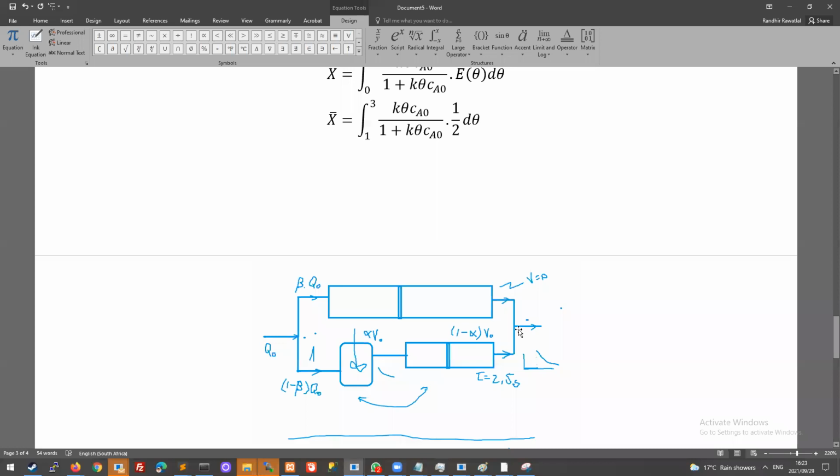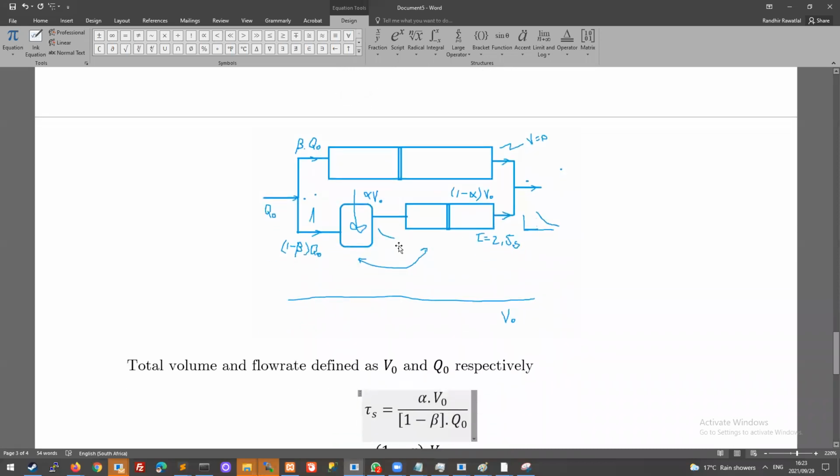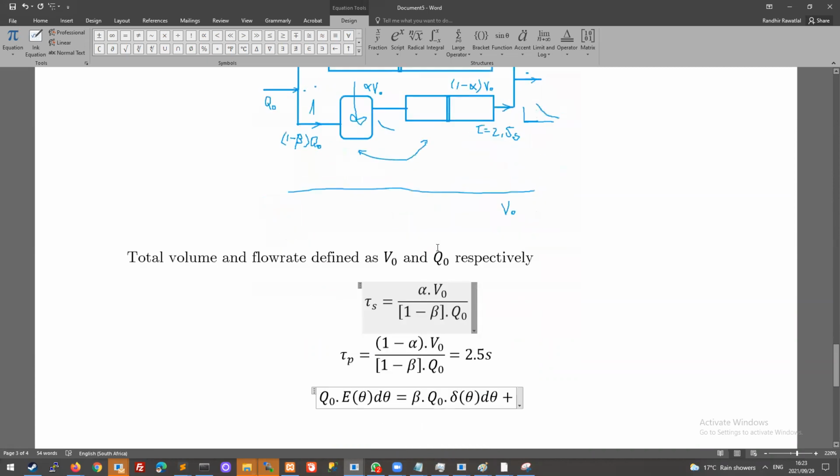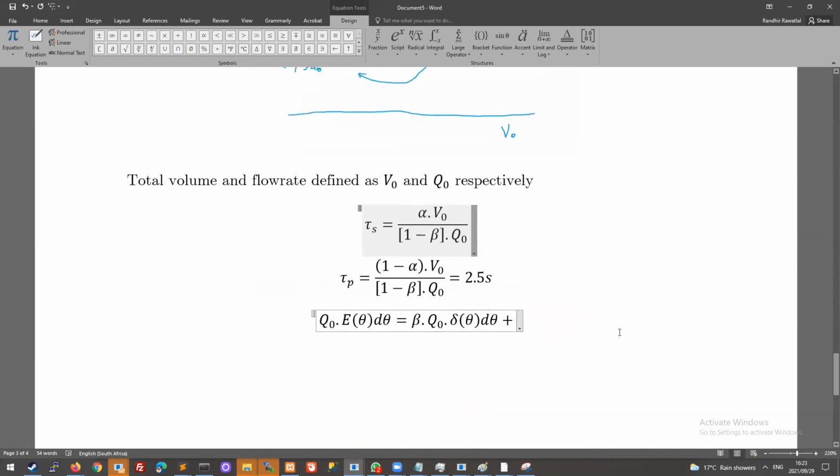lower branch as well. Now, coming from the lower branch, you have to look at your PFR in series with your CSTR, or CSTR in series with PFR. That's covered again in the lectures. So I'm going to write down the solution to that.